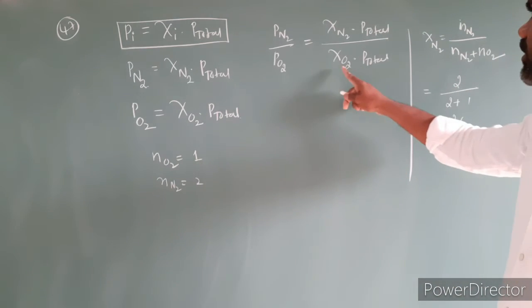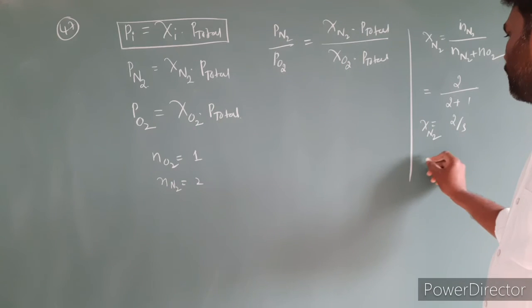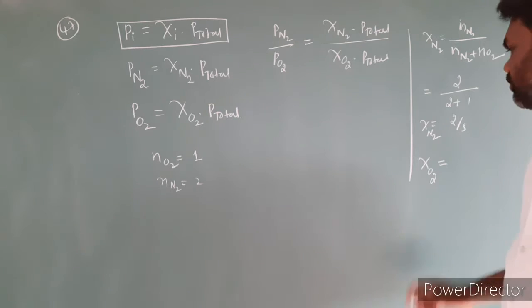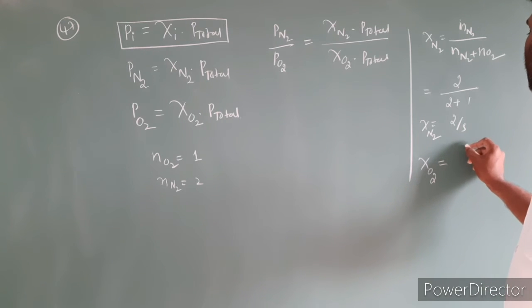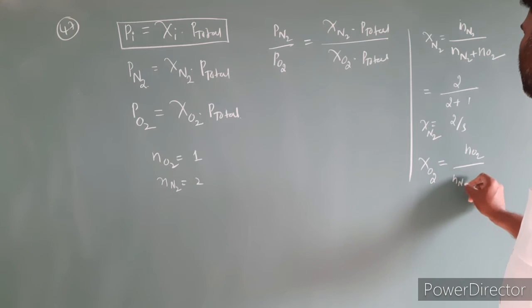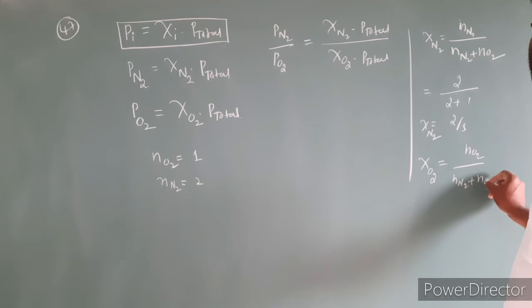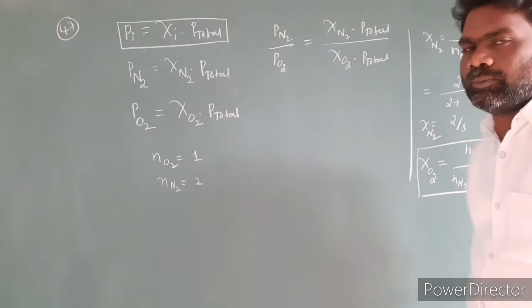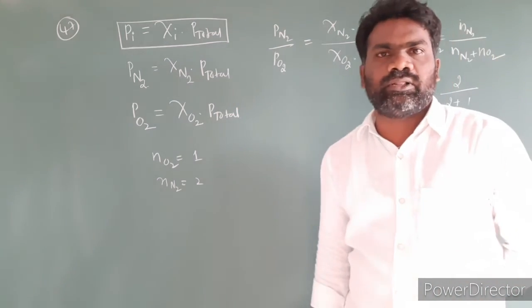Next we have to find the mole fraction of oxygen also. What is the formula for the mole fraction of oxygen? The mole fraction of oxygen is equal to the number of moles of oxygen by the number of moles of nitrogen plus the number of moles of oxygen. So mole fraction is equal to the number of moles of one component by the total number of moles of all the components.